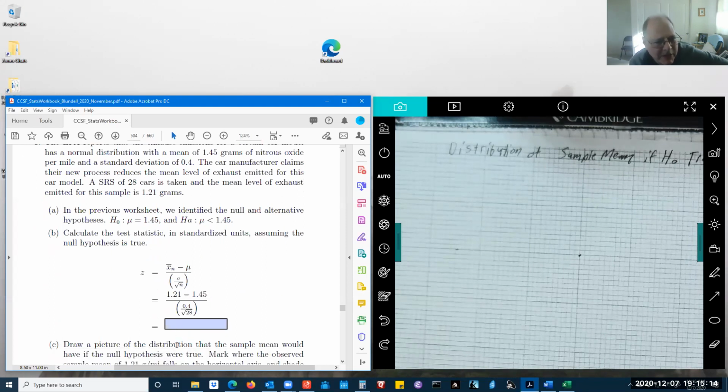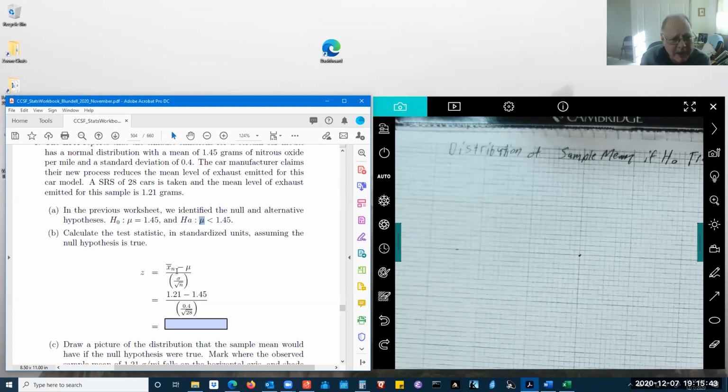Okay, so question B is just if you went out and you got a sample, and the sample mean was 1.21 grams per mile. You're thinking, well, that's less than what the EPA said. They said 1.45. So this is evidence that maybe we should reject the 1.45 in favor of the idea that the population mean is less.